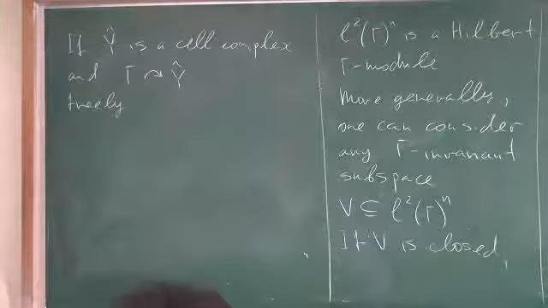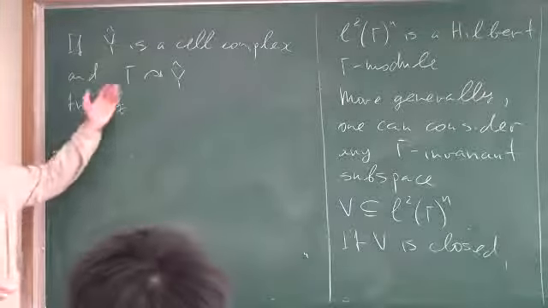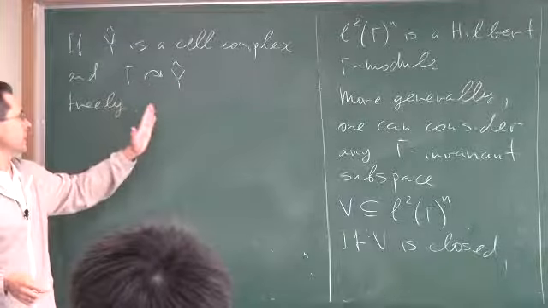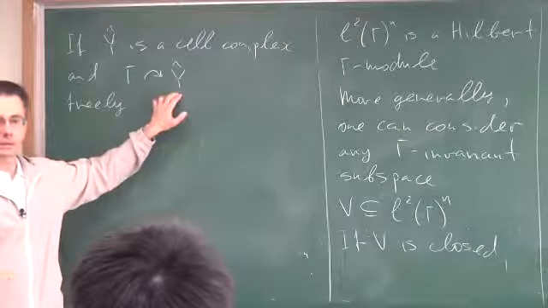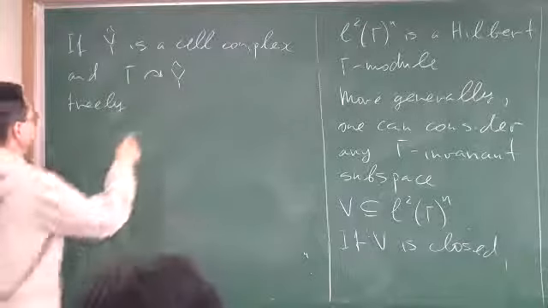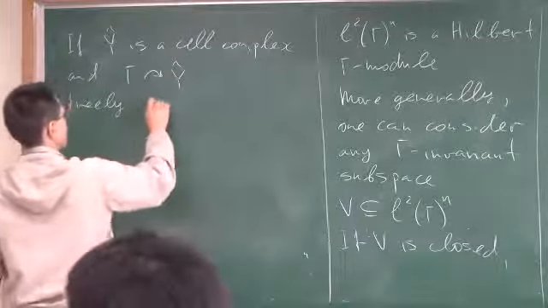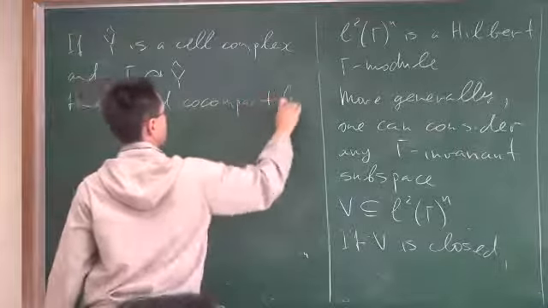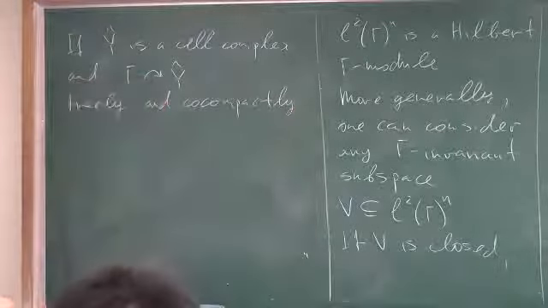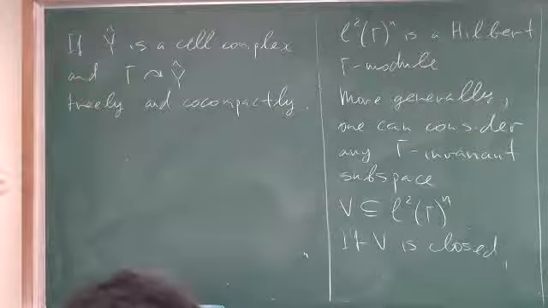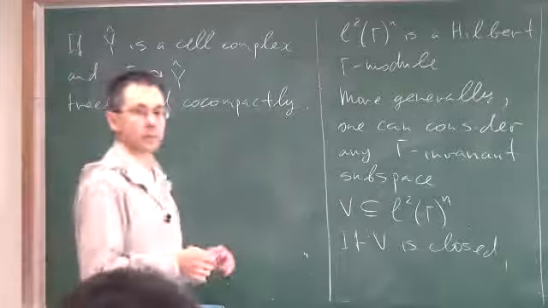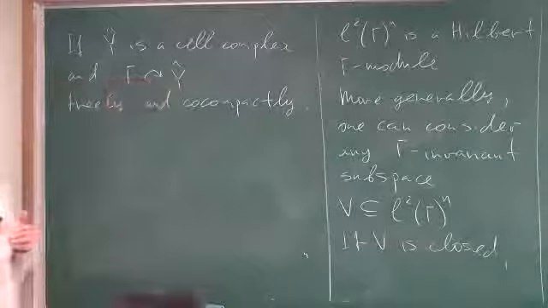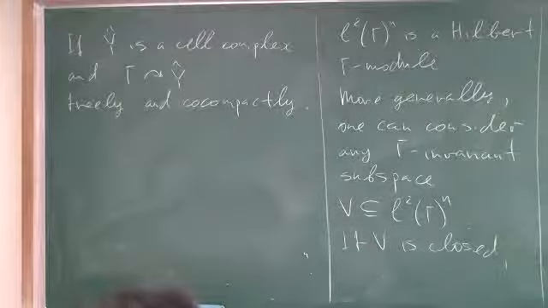Again, I could assume this in general, but we could also restrict our attention just to the case when this action is co-compact, freely and co-compactly. For example, you might take the Cayley graph of some group and consider the group acting on the Cayley graph. That would be an example.